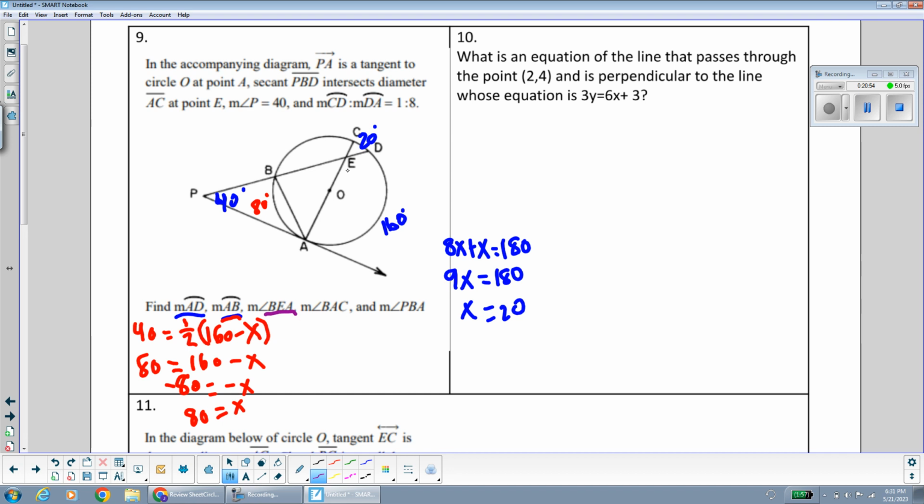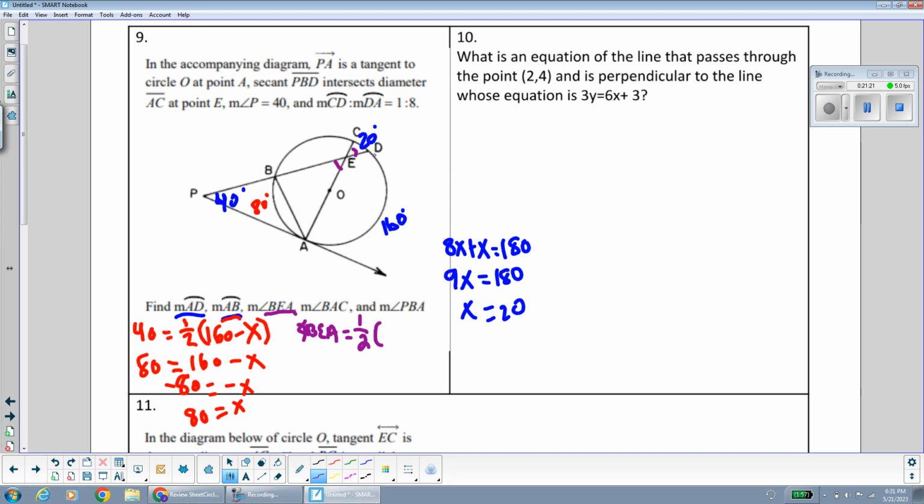Okay, angle BEA. So angle BEA is this angle right over here. And I notice it's one of two vertical angles. And it's formed by these intersecting chords over here. Now remember, the vertical angles formed by intersecting chords are equal to half the sum of their intercepted arcs. So this angle BEA, we don't know what it is, equal to half the sum of its intercepted arcs.